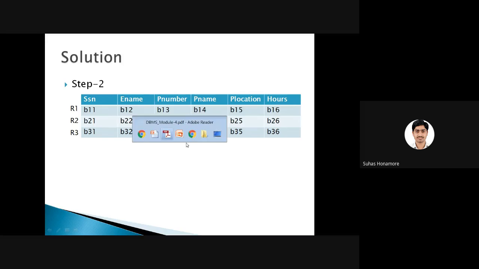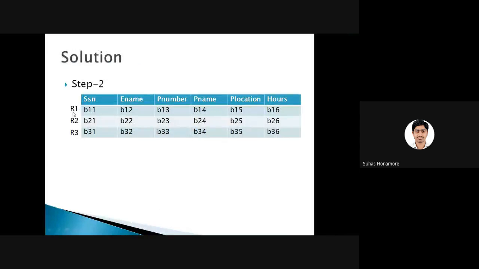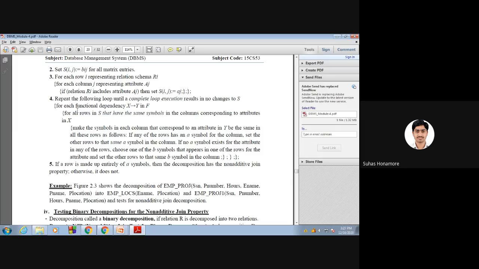Then the next step: each row i represents the relation schema Ri. For the attributes that are in that schema, we set S of Ij equal to Aj.